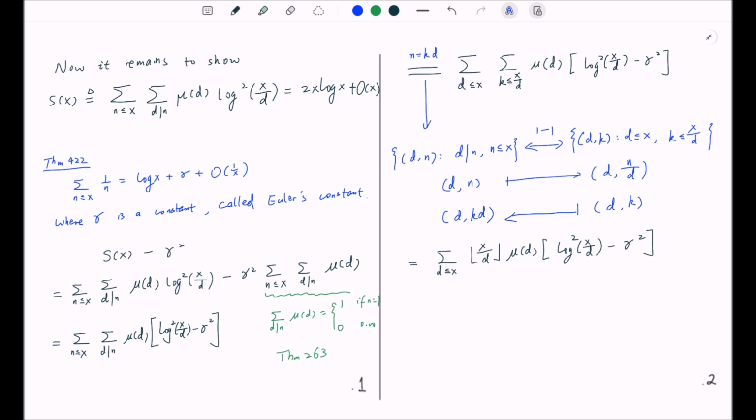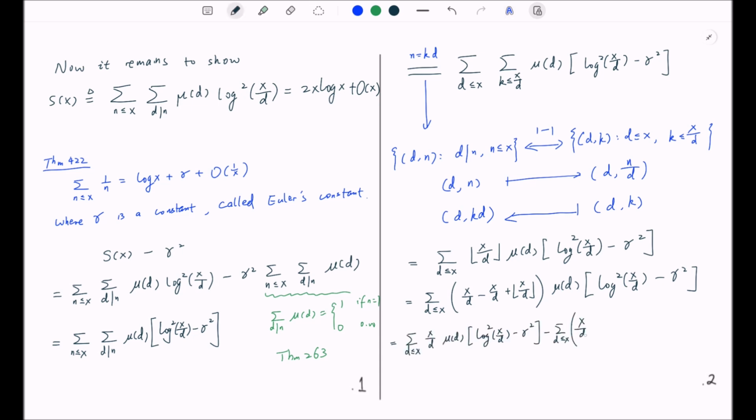And now we do our usual trick of removing the floor outside of x divided by d. We'll write this as floor of x divided by d minus x divided by d plus x divided by d. I will split this into two parts.